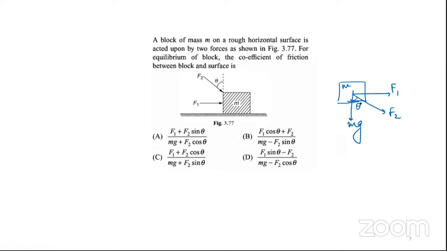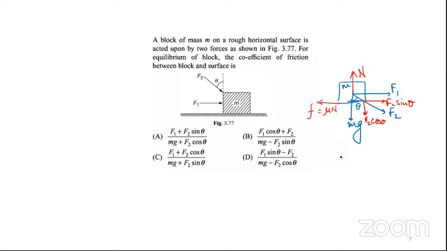So if we split F2 into its components, we get this as F2 cos theta, and this becomes F2 sin theta. And we have the normal force. So the friction will be acting here this way, which will be equal to mu N.